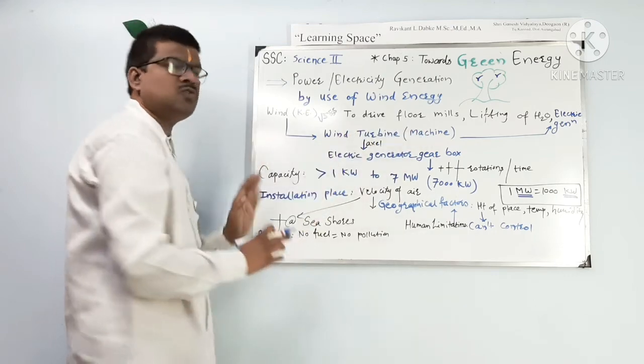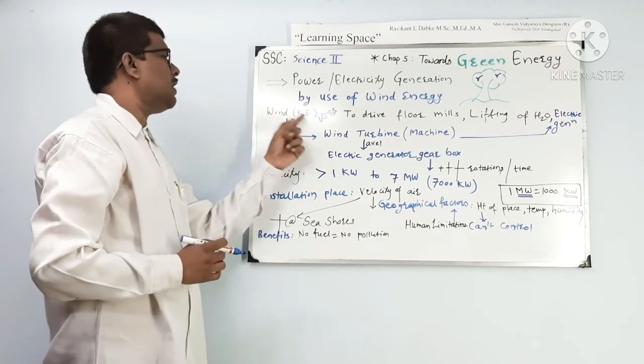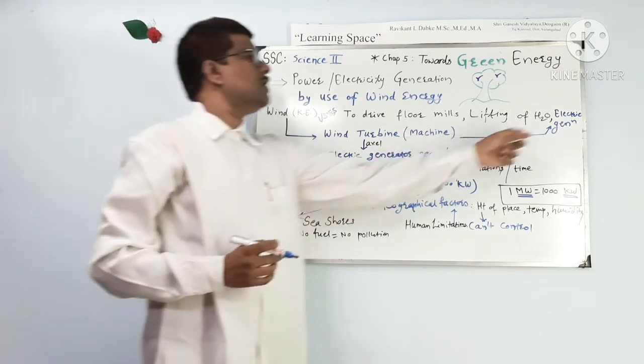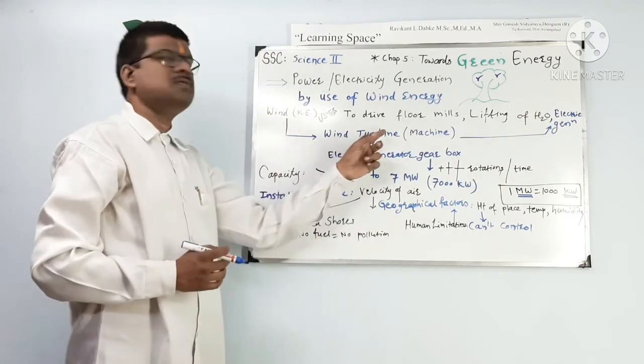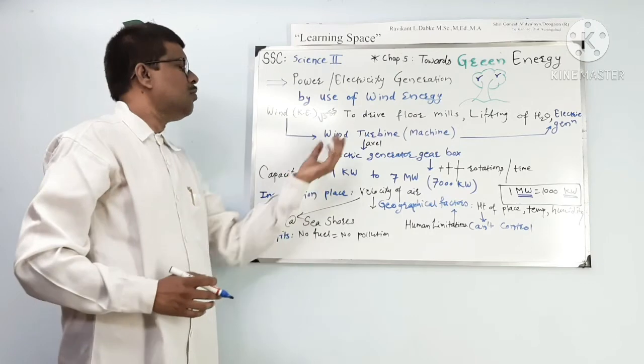So we can define the machine which converts kinetic energy of wind into electrical energy as a wind turbine. You can easily memorize the definition. What does it contain?